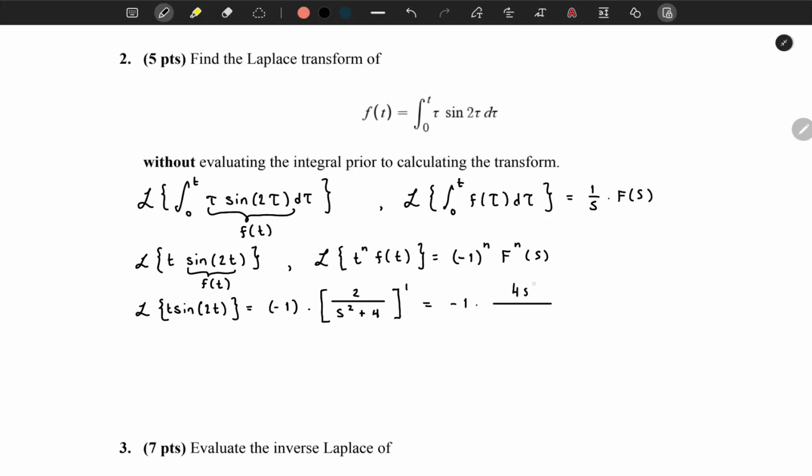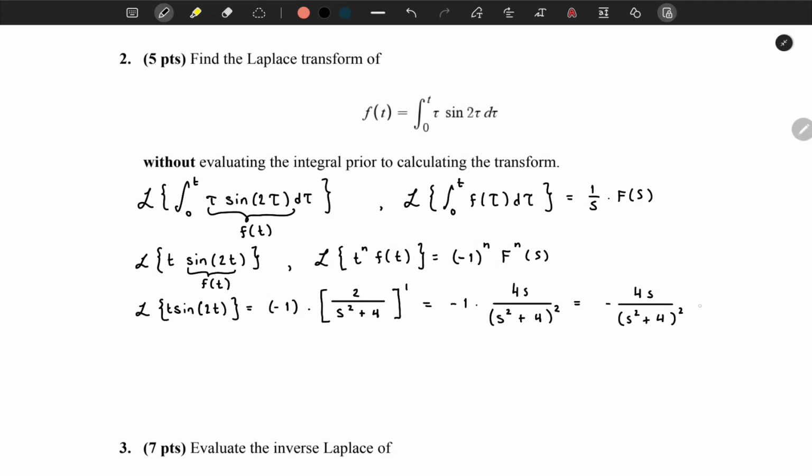If you differentiate it correctly, you should get negative 4s over s squared plus 4 squared. So after finding the Laplace of t sine 2t, we should get negative 4s over s squared plus 4 squared.